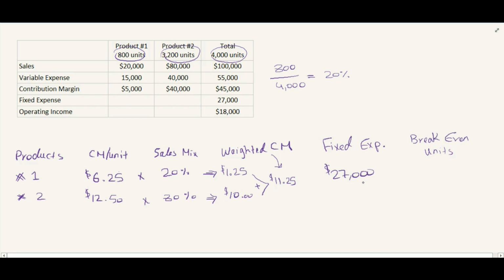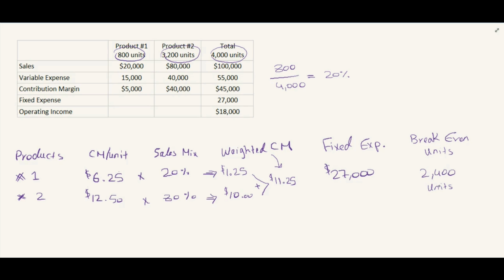So 27,000 divided by 11.25 will give us 2,400 units. So the company needs to sell 2,400 units to break even.